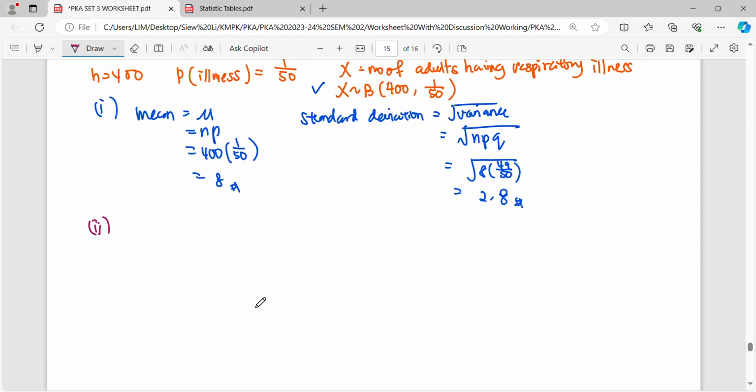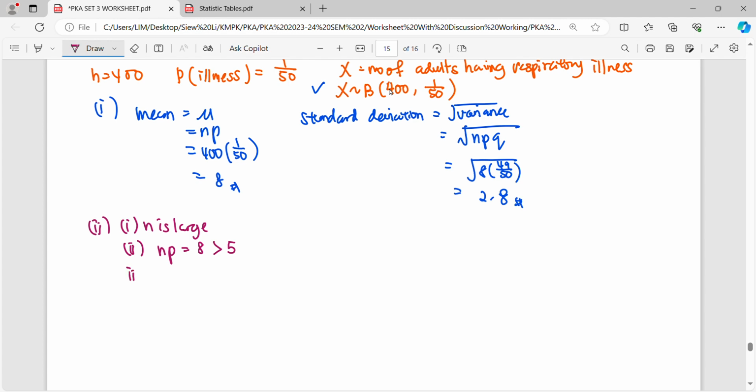So now from the binomial distribution, we change to normal distribution. Why? Because first, n is large. Second, the condition np, the mean, is 8, which is already more than 5. Confirm, you need to change.